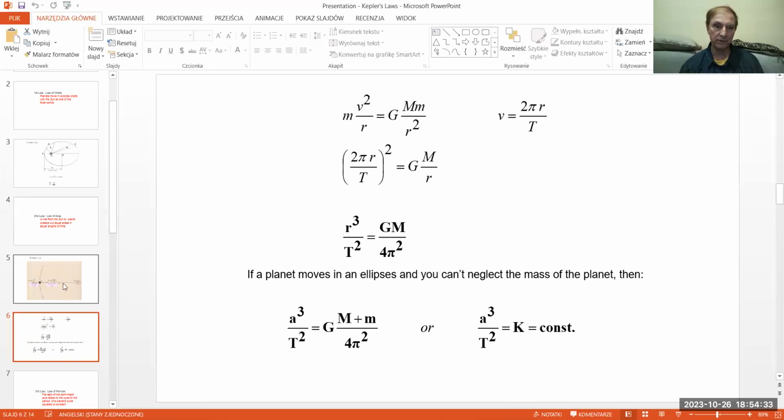Starting from what was said, the gravitational force is equal to the force of inertia, or the centrifugal force. This is that equation: GMm divided by r squared is equal to mv squared divided by r.